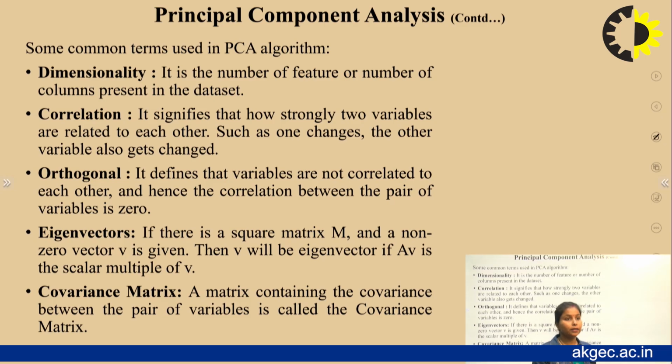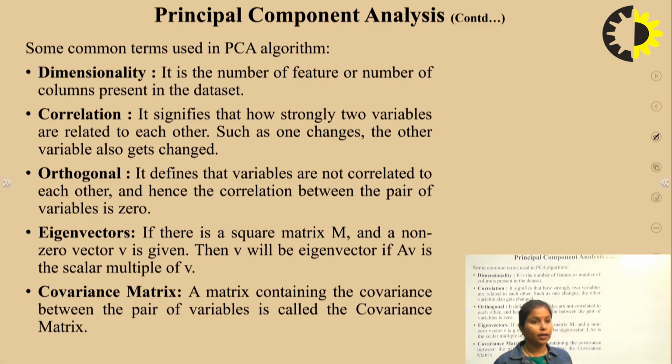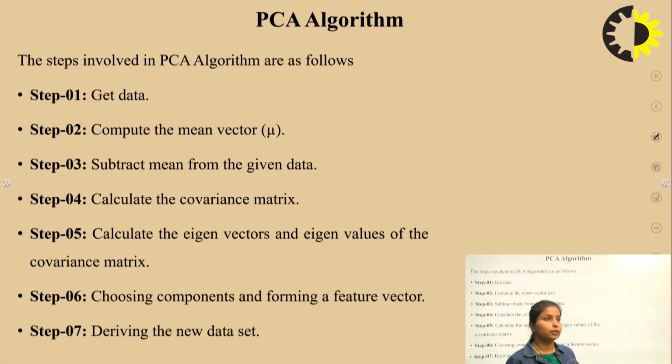For an eigenvector, if there is a matrix A and a non-zero vector V is given, then V will be the eigenvector if AV is a scalar multiple of V. Now, the covariance matrix: a matrix containing the covariance between the pairs of variables is called the covariance matrix.